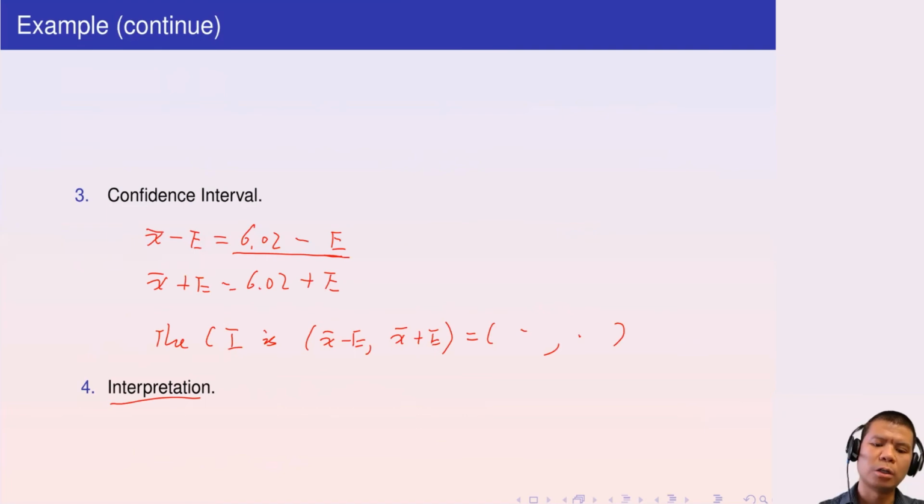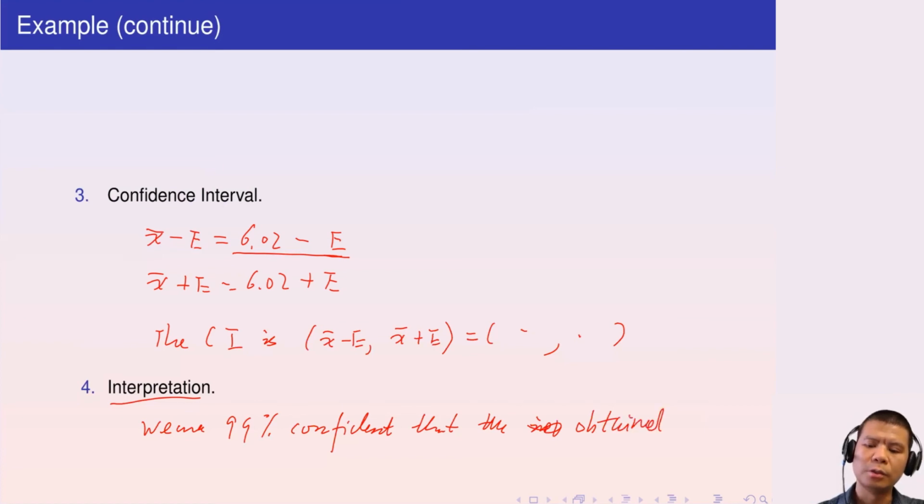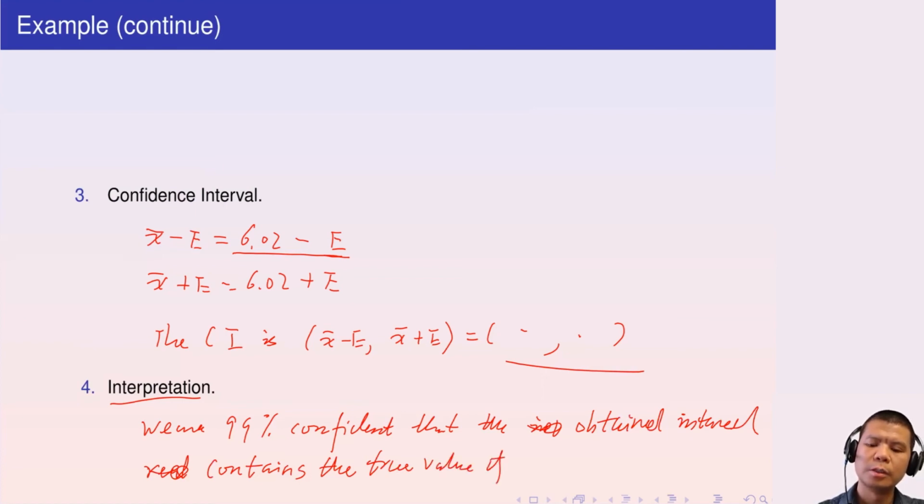And the interpretation is we are 99% confident that the confidence interval obtained, whatever you have here, really contains the true value of the mean amount delivered at this setting.